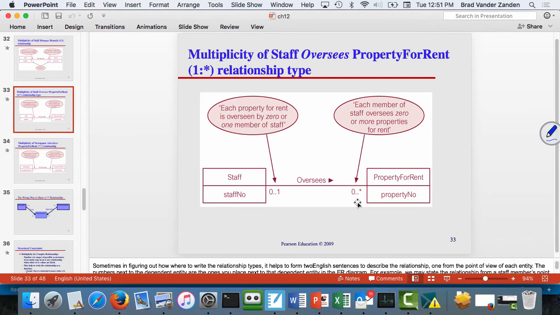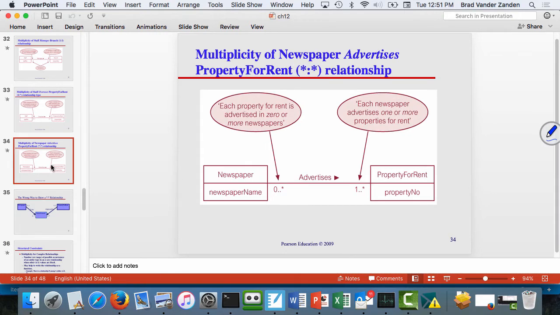Maybe if the staff member has been fired temporarily, there may be no one actually overseeing that property. So as a maximum 1 person oversees the property, but it may be no one. And we call this a one-to-many relationship because one staff may manage many properties. And this is our many-to-many relationship that I just talked about.